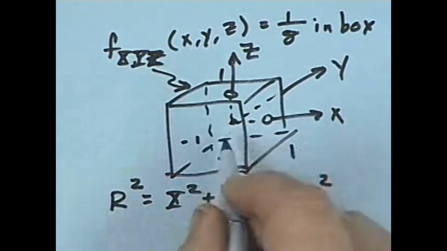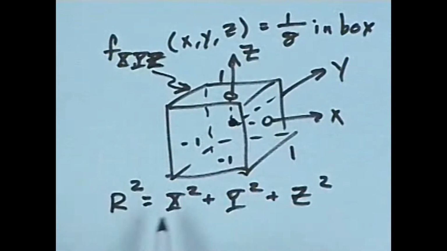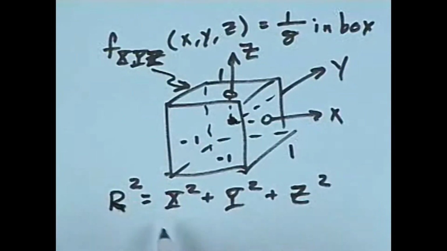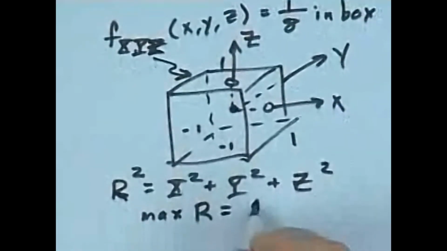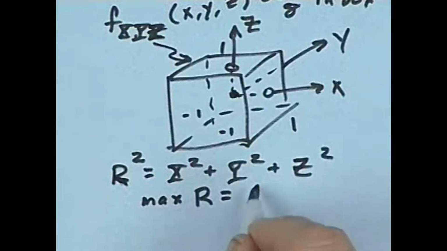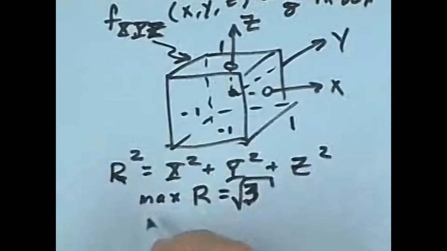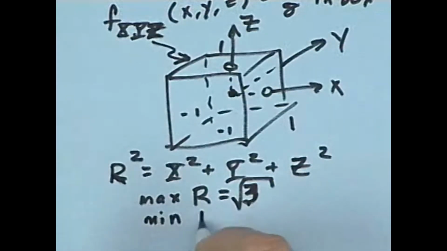Now, we see that the maximum value that r can have is what? Root 3? That's the biggest value that r can have. And what's the smallest value that r can have? 0, correct? In case everything is at the origin.